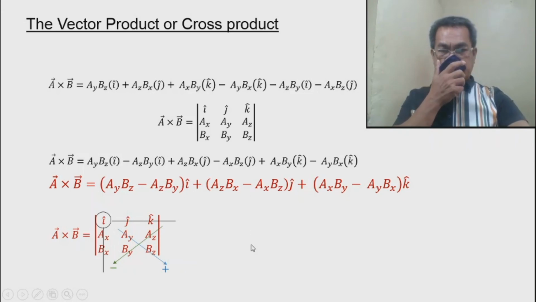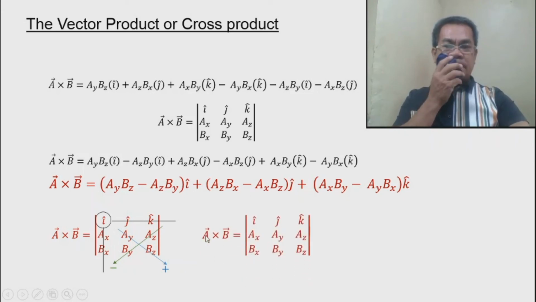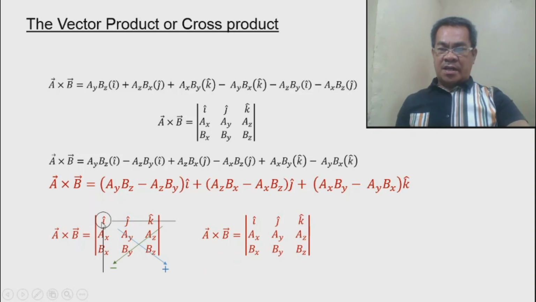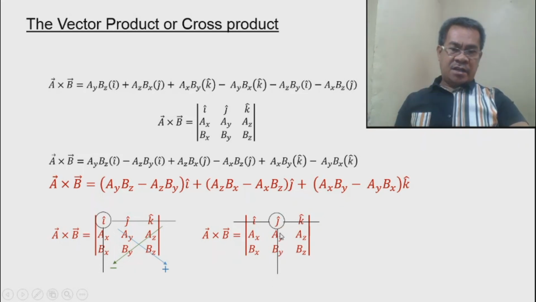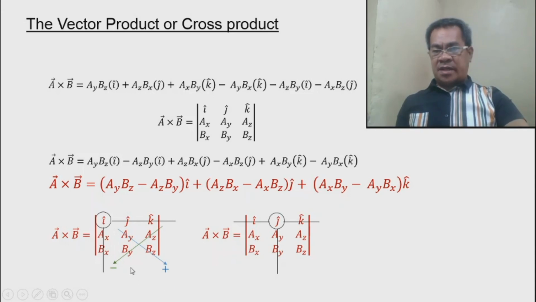Now, if you eliminate I in this one, this time you have to eliminate the J, or cancel it, and this is the intersection part. So therefore, the I, J, K are eliminated, and this one, BY and AY and BY. So we have only 4. Actually, we are reducing this 3 by 3.